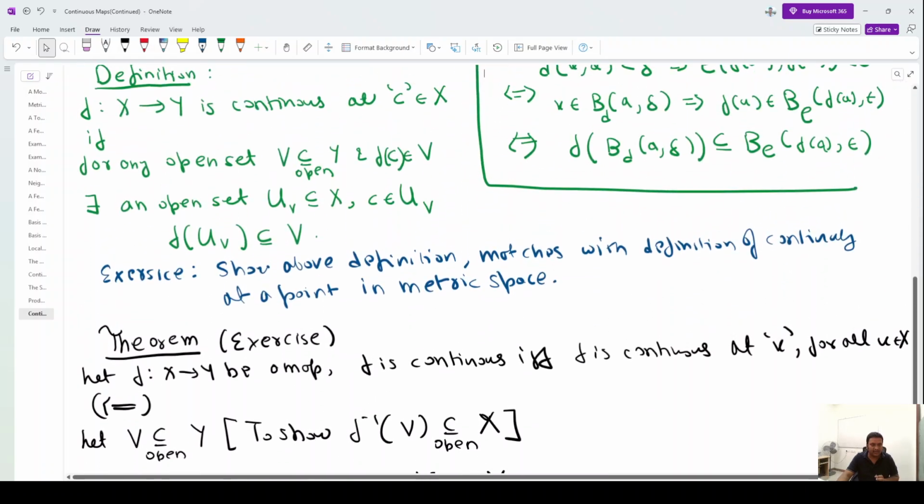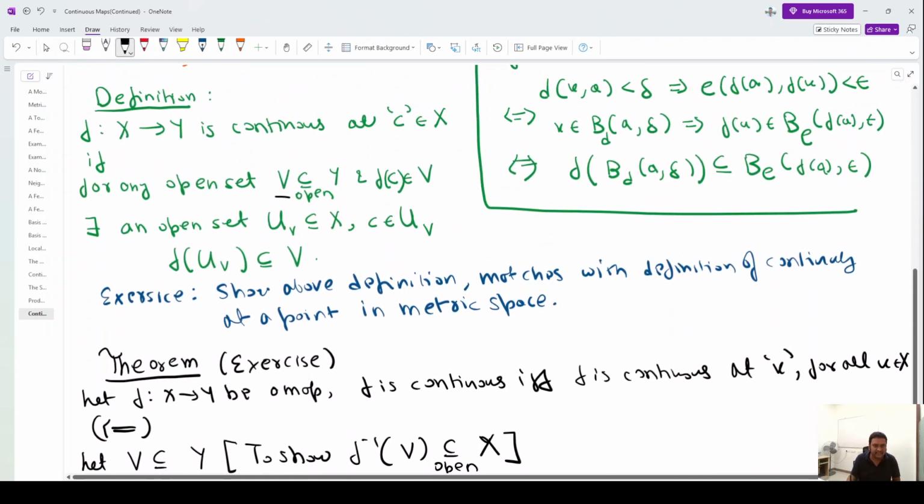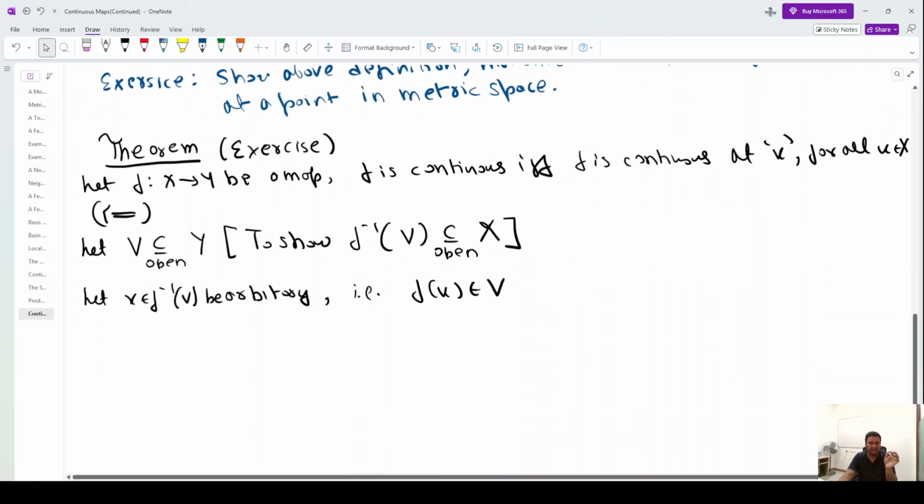For any open set containing the point f(x), there is an open set. It depends upon this open set; here my open set is V, only for the point x, so it depends upon the point x only. So I will give the notation U_x.